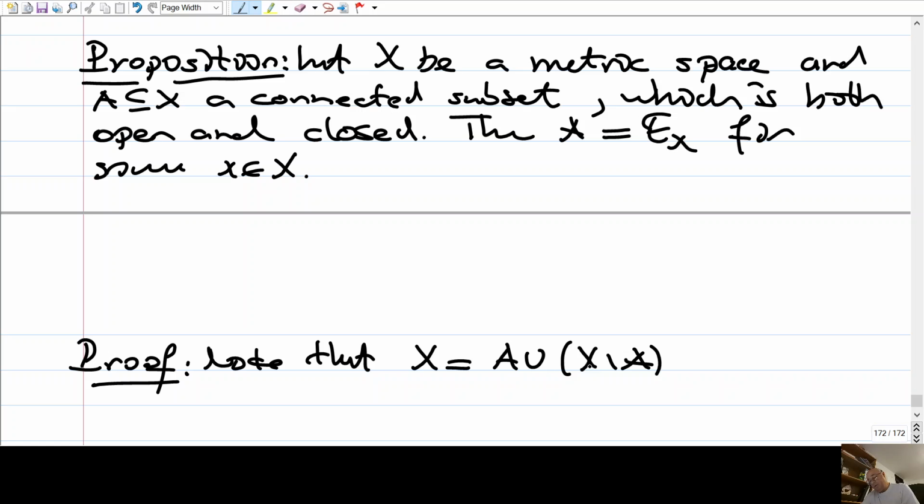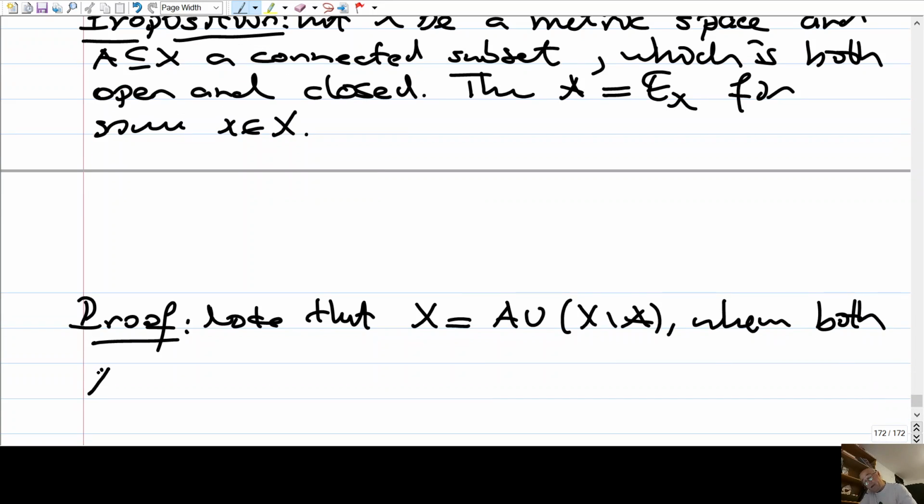Therefore, A is open and X minus A is open, where both A and X minus A are open.